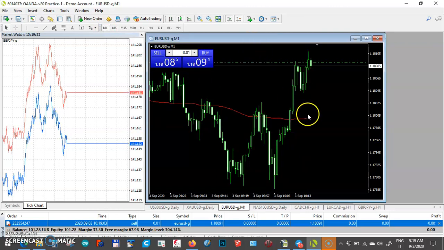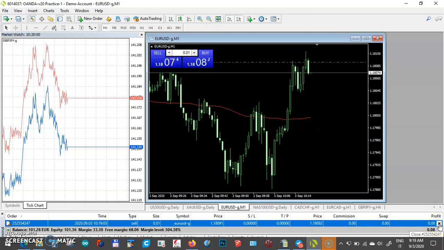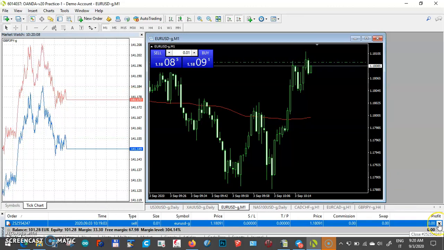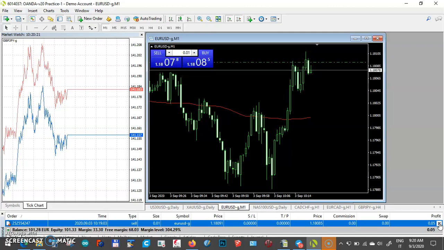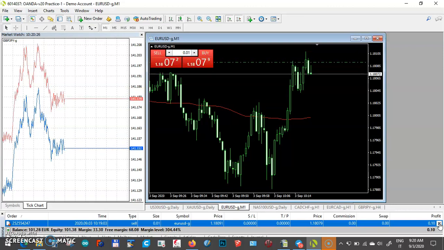and I have to wait, and I have to close my trade in this zone or this zone. It's not moving as fast as I expected, but this game is a game of patience.